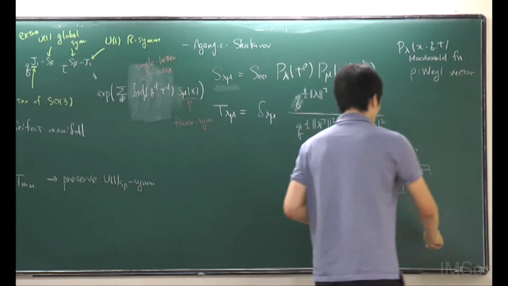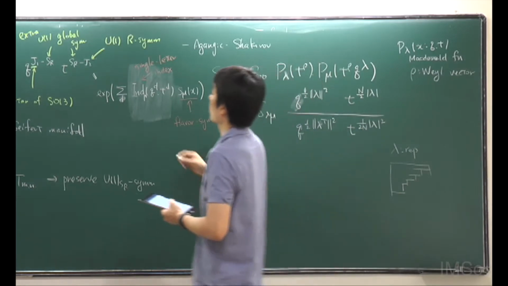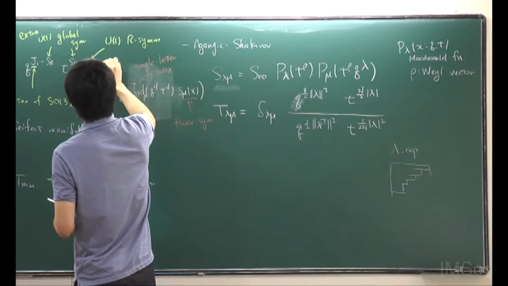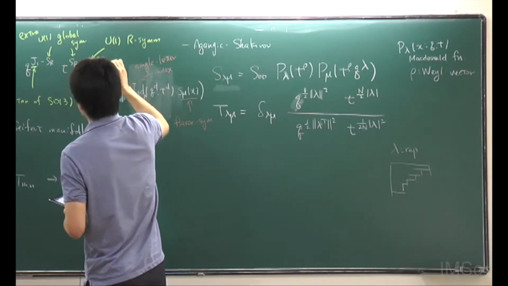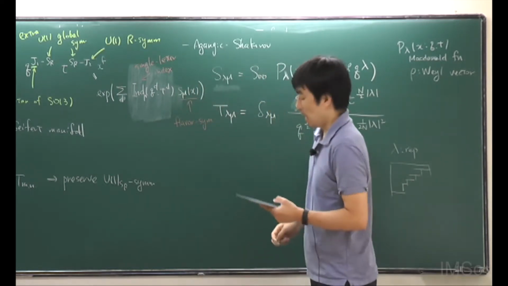Flavor symmetry means if there is another global symmetry, you have to put x to the something, x to the flavor symmetry.